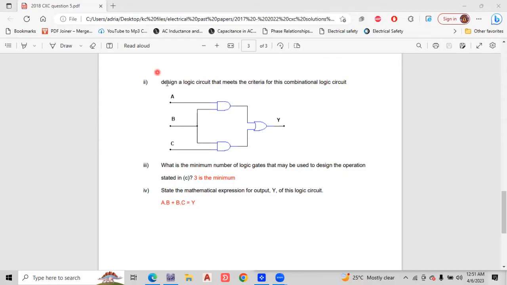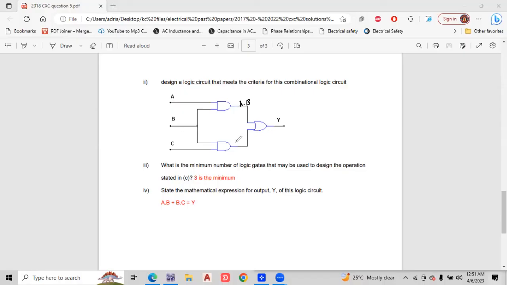All right, so let's look at it on the circuit. Now to get the output here on the gate, we'd have to multiply A and B. So it means that at this point here, you would have A times B. All right, let me write that there. So this is what you'd have to do to get the output for this AND gate. For the second AND gate here, again, you'd have to multiply B and C to get the output here.